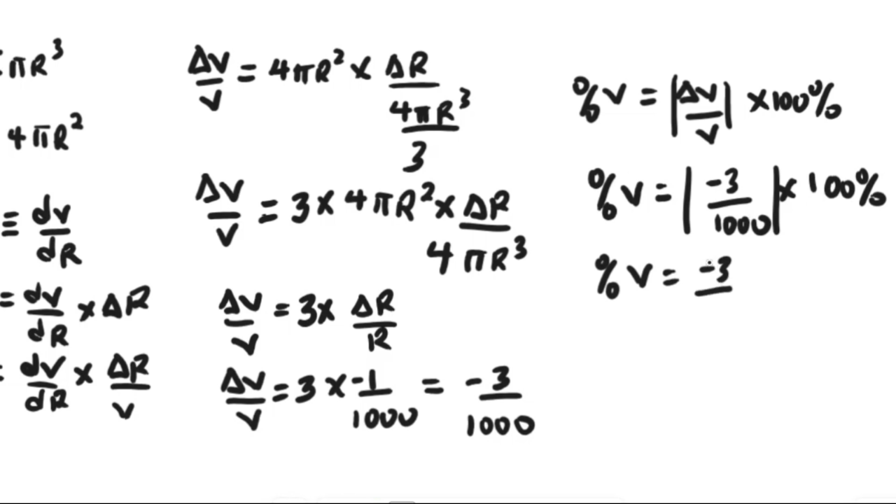The absolute value gives us plus 3, and 100 in 1000 will leave 10. It means our percentage decrease in volume is going to be 0.3%. So for this question, our percentage decrease in volume will be 0.3%, and that will be the final answer to that question. See you in the next tutorial.